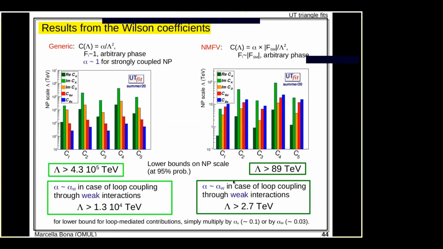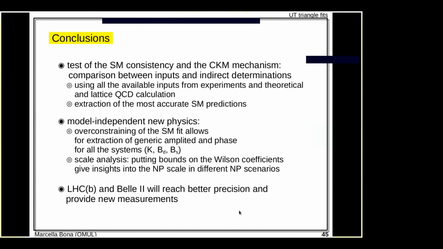And if you consider a weak interaction, or a feeble interaction, like we like to call it now, you get something that is at the level of what LHC can achieve now. So this gives LHC some hope for, for example, a direct discovery.